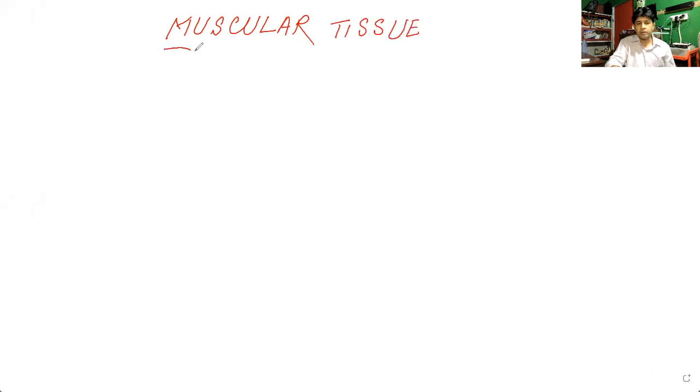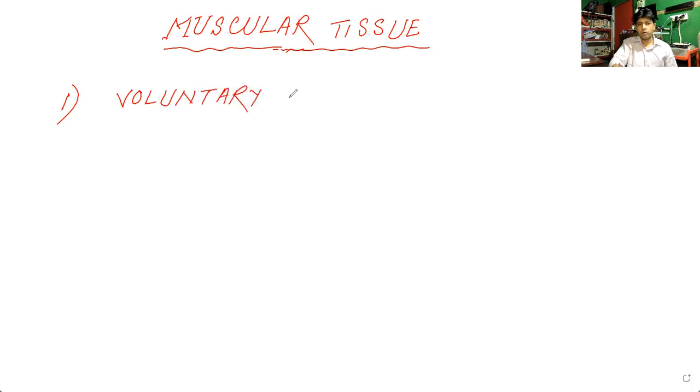As already I told you, muscular tissue is present only in the moving parts of the body, because the muscles are those tissues which can move. But some of the muscles we can move by our will, and some of them move automatically. So this muscular tissue, 3 types we will discuss. First of all, the voluntary muscular tissue, or only muscle.